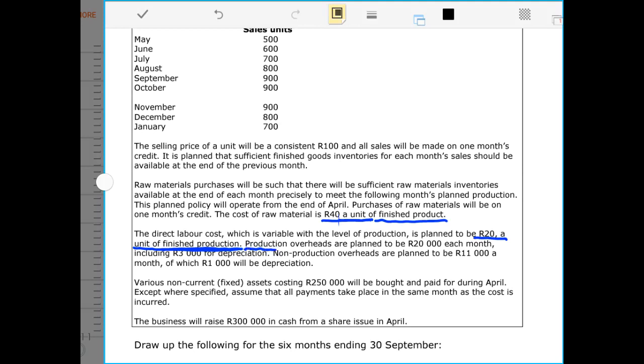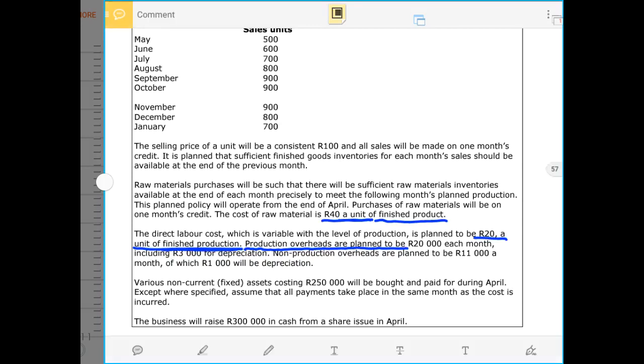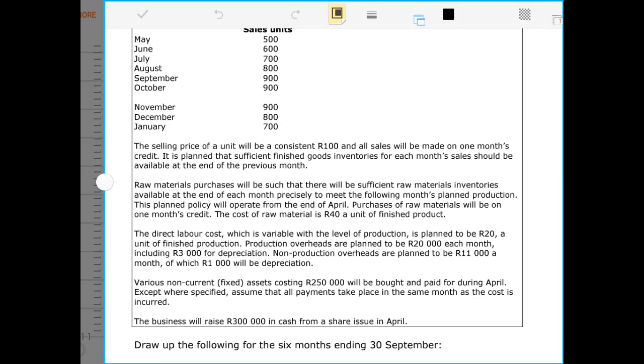Then after it says production overheads are planned to be 20,000 Rand each month, and this includes 3,000 of the depreciation. Remember, when we do cash budget, because there's a question that requires us to do cash budget here. When we do cash budget, we don't take into account depreciation, or in fact, we have to remove depreciation. Why do we do so?